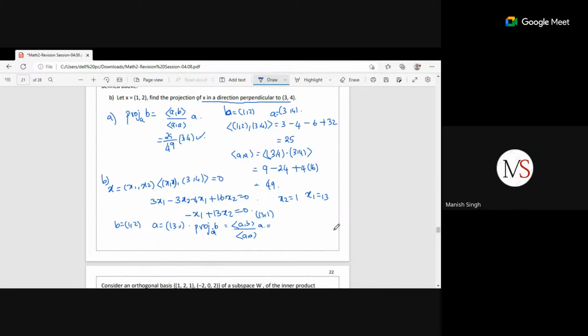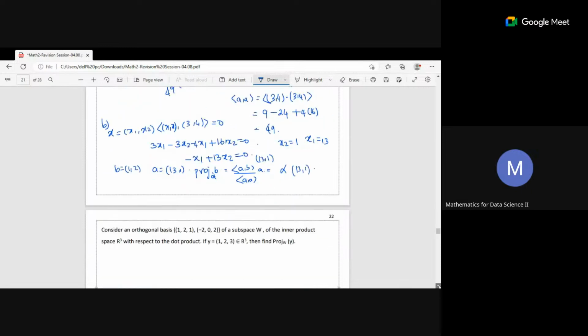These calculations? It's okay, madam. Okay, please do these inner product calculations by yourself. Here you will get some scalar. For that scalar you need to multiply by 13 comma 1. Fine.